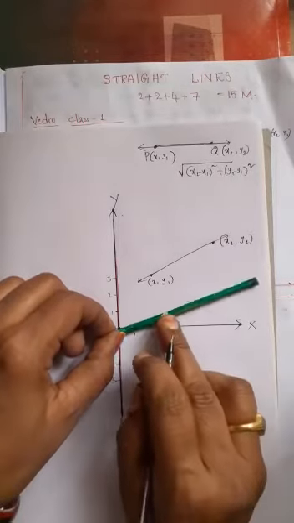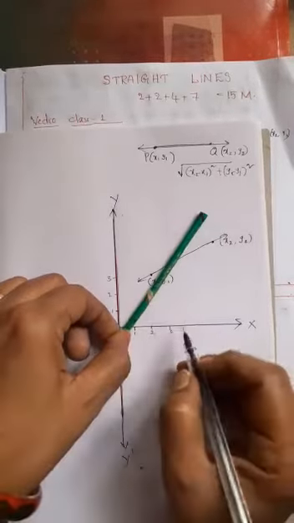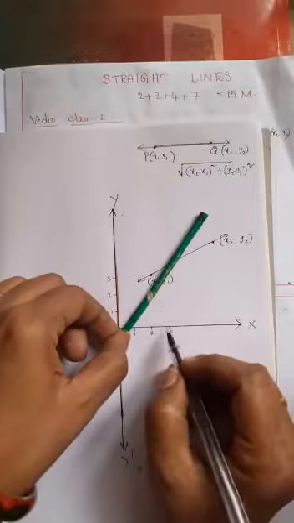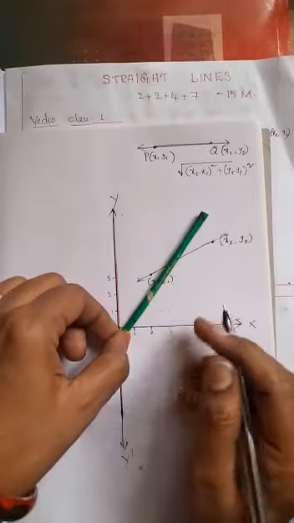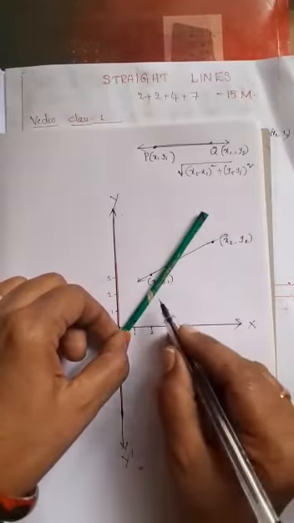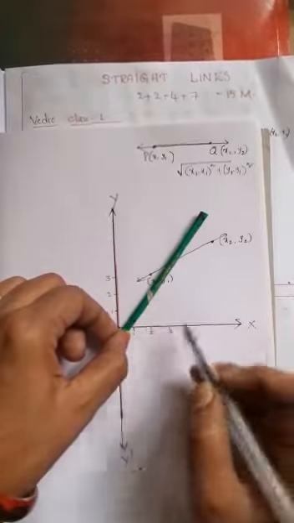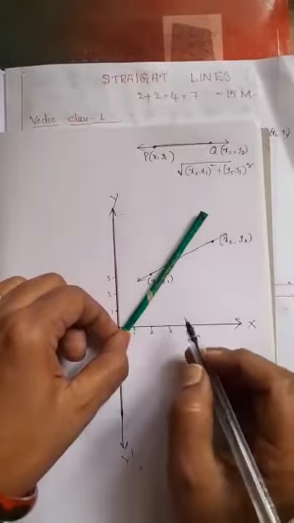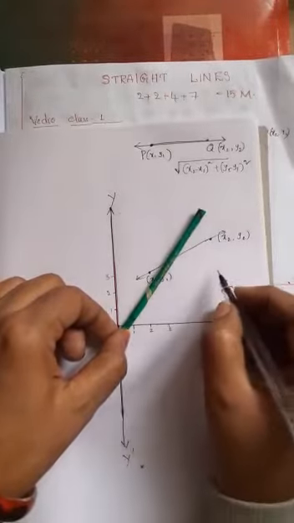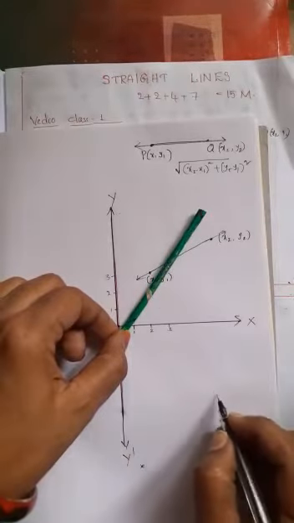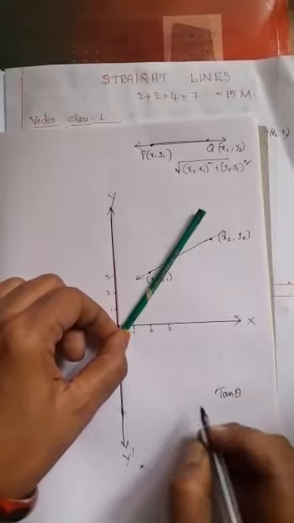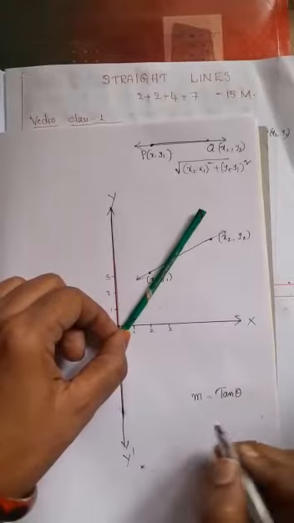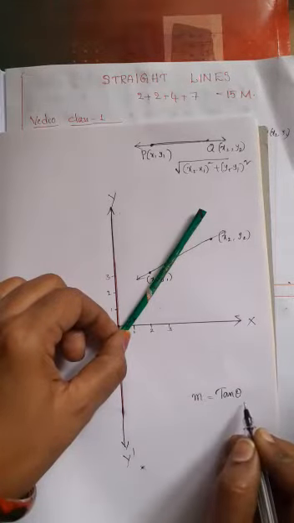If you increase it, the inclination will increase. Depending on that inclination of the line with the positive x axis, we consider the slope, and the slope is given by tan theta. The slope we denote with m, and that is given by tan theta.